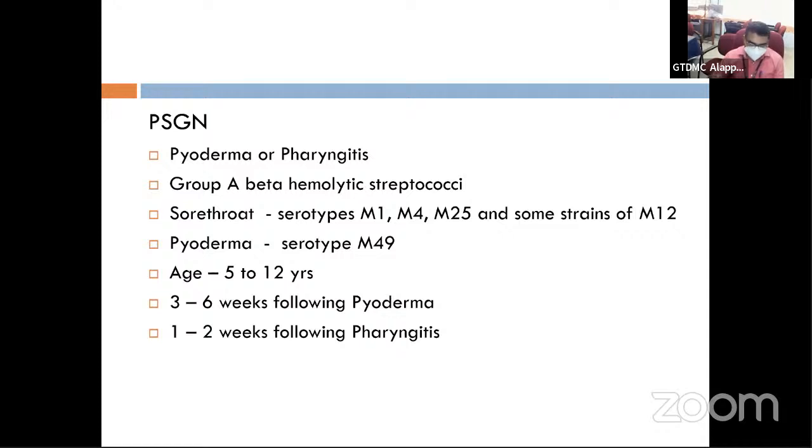So if the onset of nephritis is within less than 1 week of infection, it is unlikely to be post-streptococcal glomerular nephritis, and you have to think of other causes of nephritic syndrome, because it takes some latent period for the immunological response. Actually, it is an immune reaction, so it takes some time for the immune reaction to take place. So if the onset is less than 1 week, think of other etiologies of glomerular nephritis.